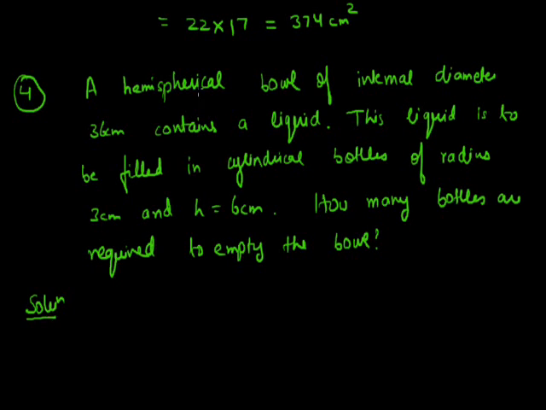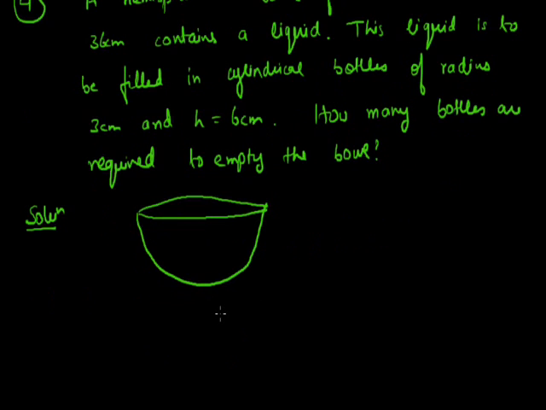So we need to understand that when there is a hemispherical bowl filled with a liquid, and this liquid is transferred into the bottles, it means that the volume of this hemispherical bowl is equal to the volume of all the cylindrical bottles required to empty it. The volumes of both should be the same, then only the whole liquid will get transferred into the cylindrical bottles.